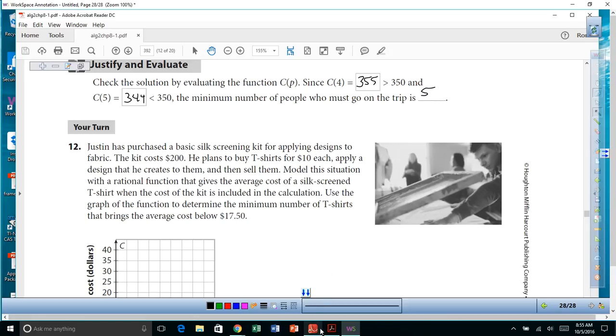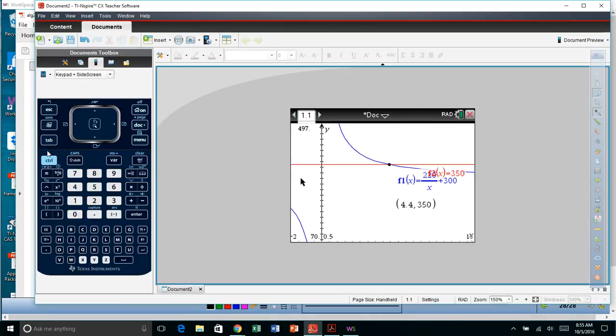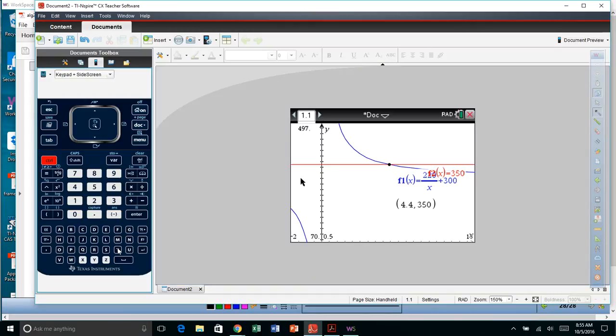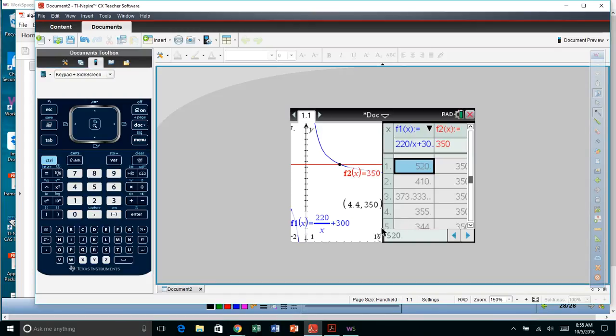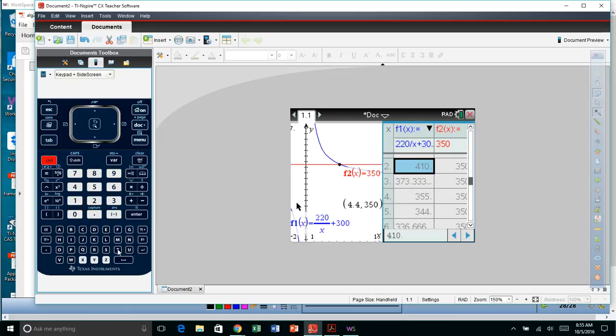Where did I get those numbers from? Control T. C of 4, I just got them right out of the table there. Control T makes it a little easier.